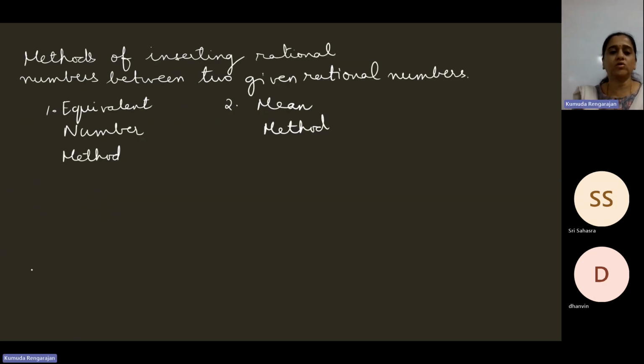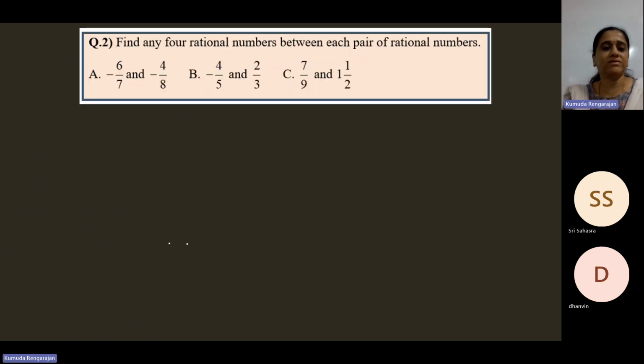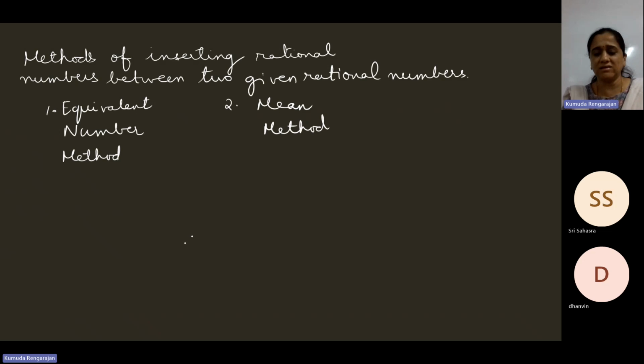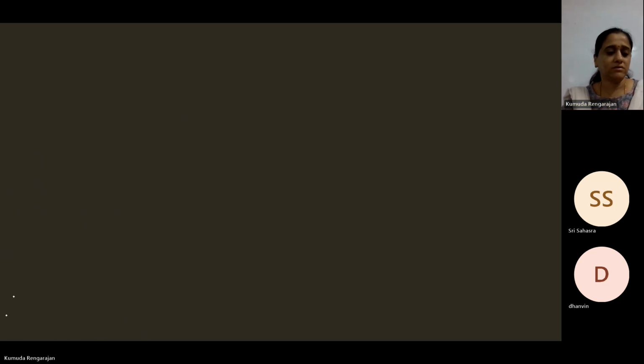Okay, so we have two methods, the equivalent number method and the mean method. Using these two methods, you can insert rational numbers between two given rational numbers. -6/7 and -4/8. Let me take another example.